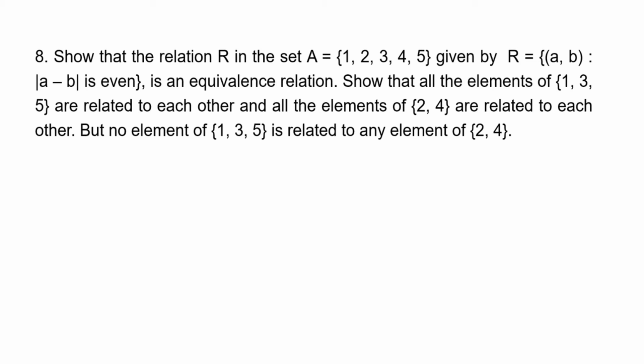Next question. Show that the relation R in the set A equal to {1, 2, 3, 4, 5} given by R equal to the set of all ordered pairs (a, b) such that mod a minus b is even is an equivalence relation. Show that all the elements of {1, 3, 5} are related to each other and all the elements of {2, 4} are related to each other, but no element of {1, 3, 5} is related to any element of {2, 4}.